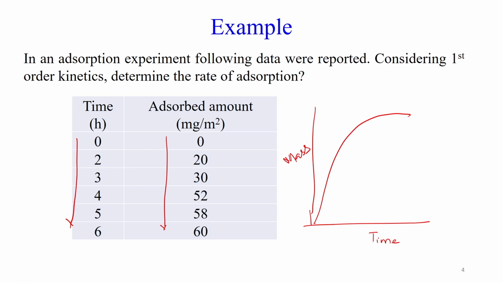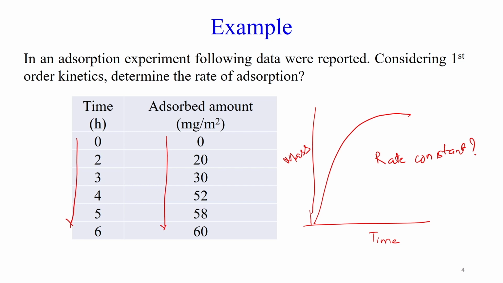Now, if you can analyze the kinetics of adsorption, you should be able to comment on what the rate constant is, or what the different processes involved in the adsorption are. So, we will come back to this problem.